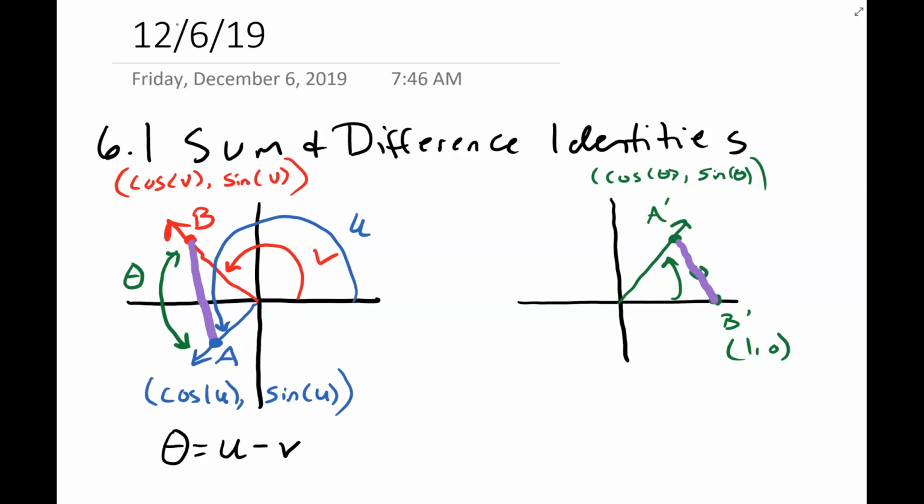If angle theta is the same size, right, and points A, B, and A prime, B prime are all on the unit circle, that means that those things are congruent, right? Everybody kind of remember that?